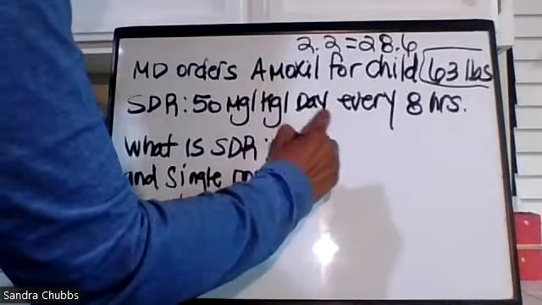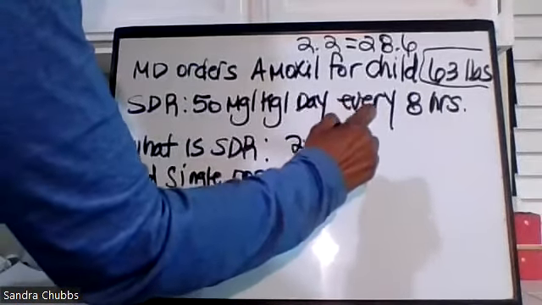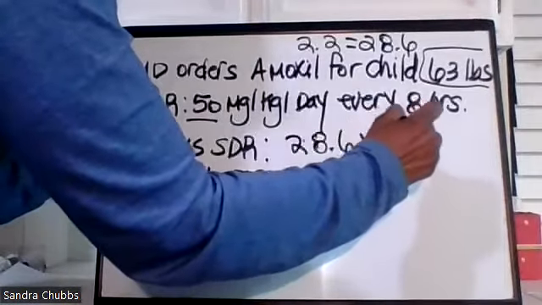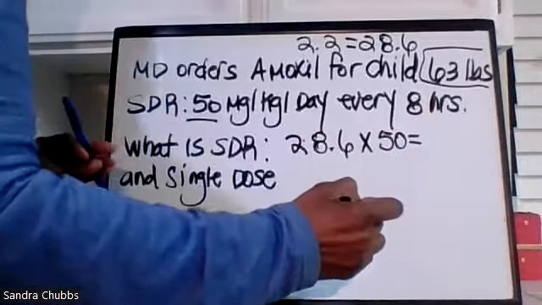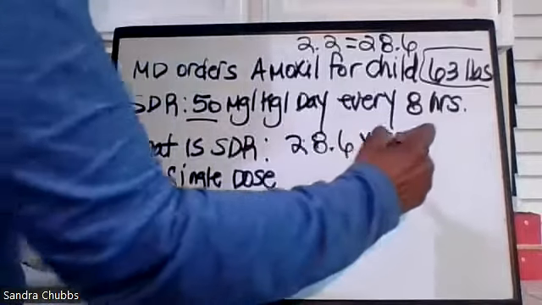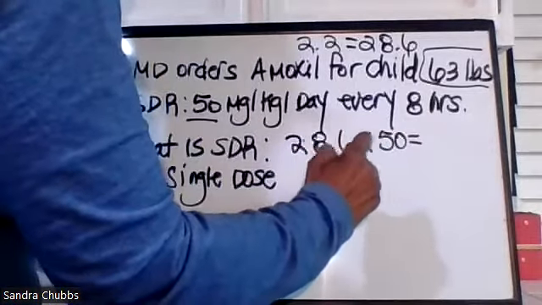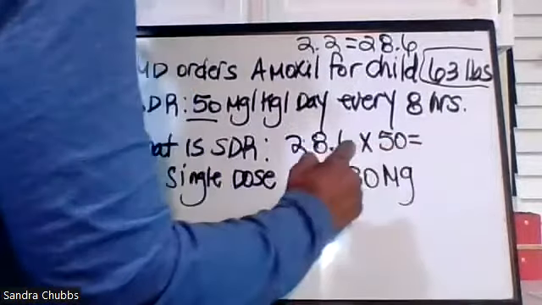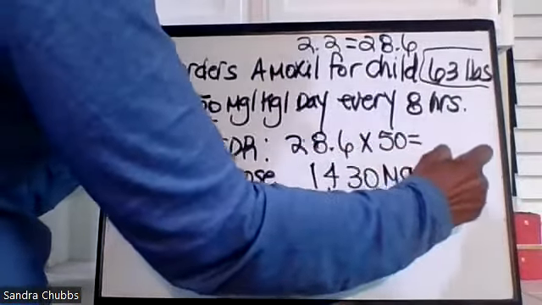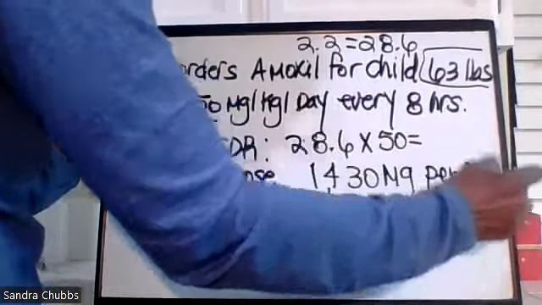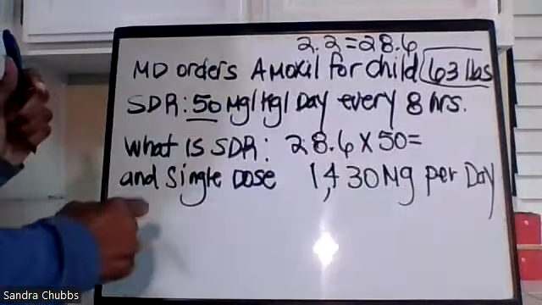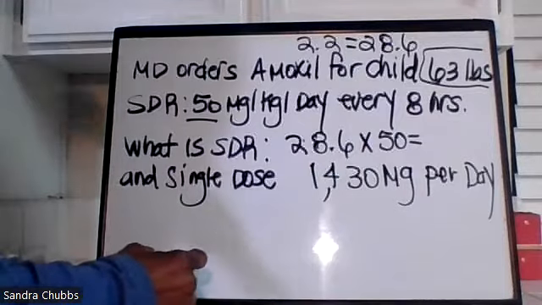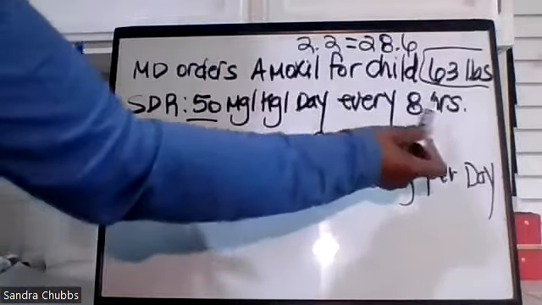So we take our 28.6 and we multiply it by the 50. And we come out with 1430 milligrams, right? Per day or per 24 hours. Now it's asking us what is the single dose, right? In order to get the single dose, we see that the frequency is every 8 hours.